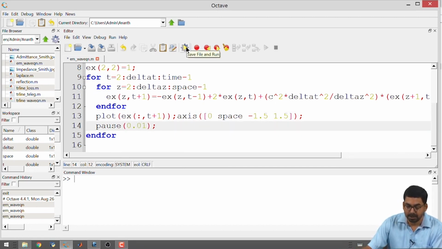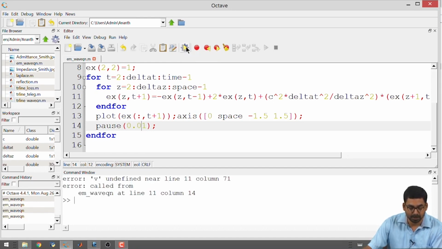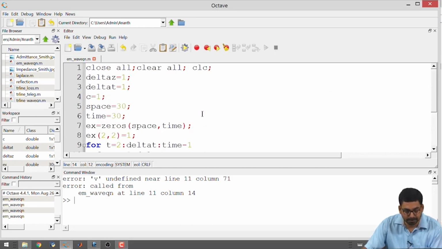Okay, just to be sure that I have replaced everything correctly, I am running this once. Okay, there is a V somewhere, so I am just going to change that.